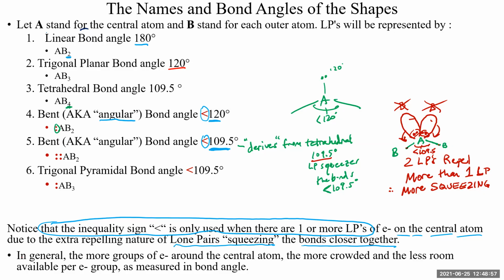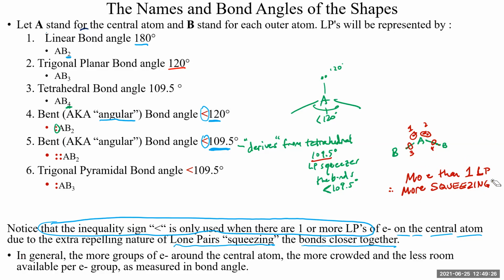Or consider this: which shape do they derive from, or which shape do they have something in common with? Well, the bent shape that has two lone pairs is more similar in a sense to the tetrahedral because you have 4 groupings of electrons around the central atom.